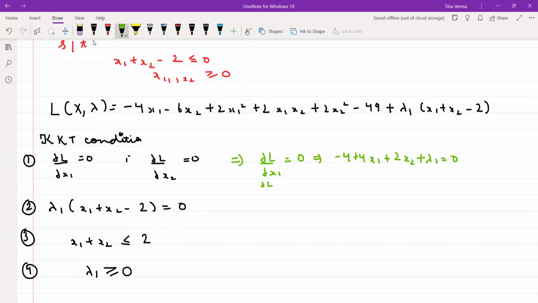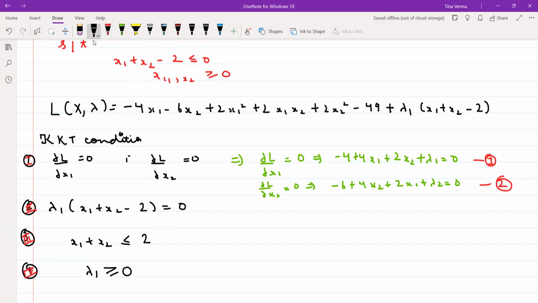When you take curl L by curl x2 equal to 0, it will give you minus 6 plus 4x2 plus 2x1 plus lambda 1 equal to 0. This is my first condition, this is my second, right? Here I'm changing the numbering. This is my third condition and this is my fourth condition.